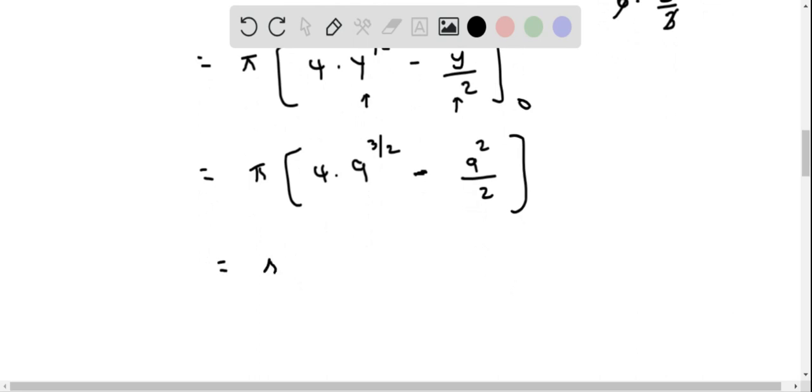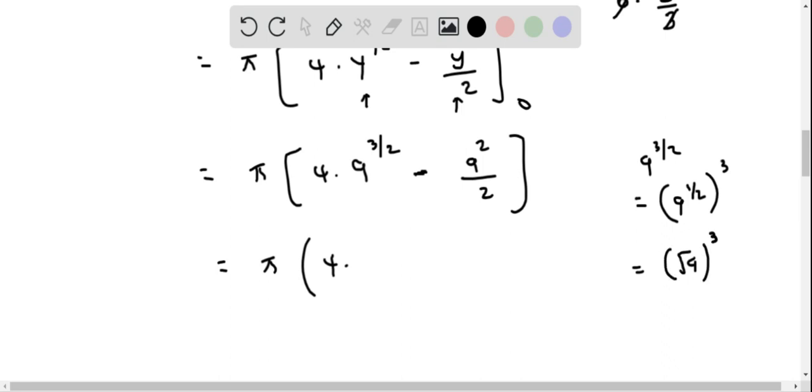And so this gives pi times 4 times 9 power 3 by 2. This basically equals 9 raised to the power of 1 by 2 and then raised to the power of 3, which is 9 power 1 by 2, and then we cube it. 9 power 1 by 2 is basically the square root of 9, which is 3, so it is 3 cubed, which is 27.